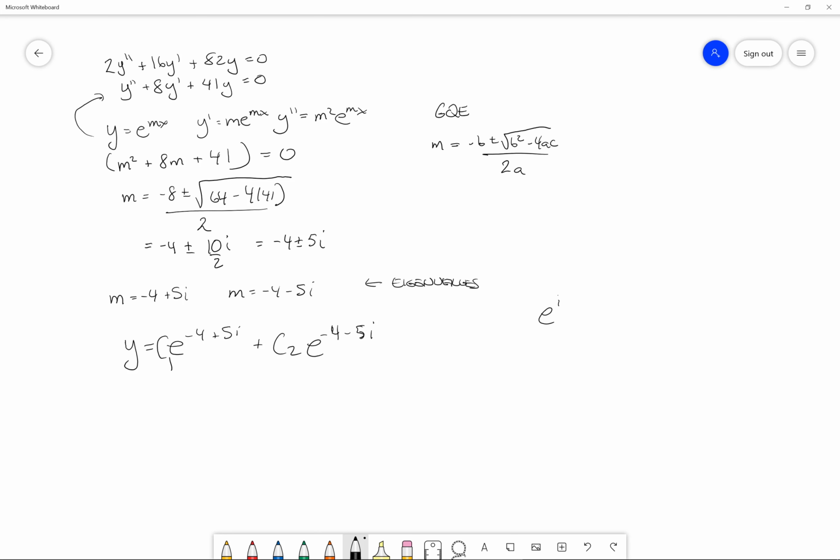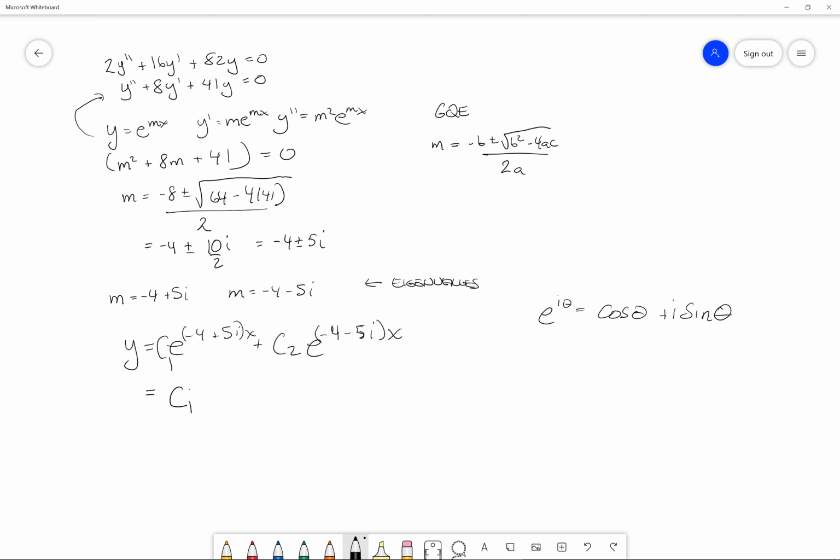E to the i theta is cos theta plus i sine theta, correct? So if we sub that in, what effectively we have here is C1, and I forgot the x here, sorry about that. So the final solution here is multiplied by x, and this one is multiplied by x as well.